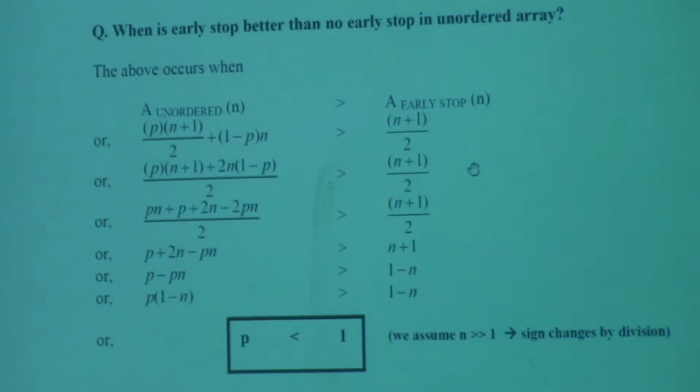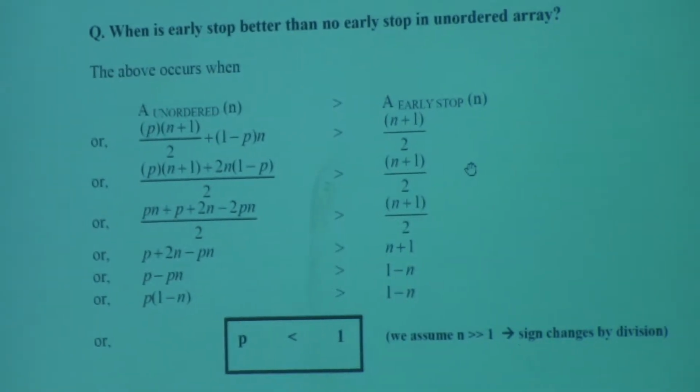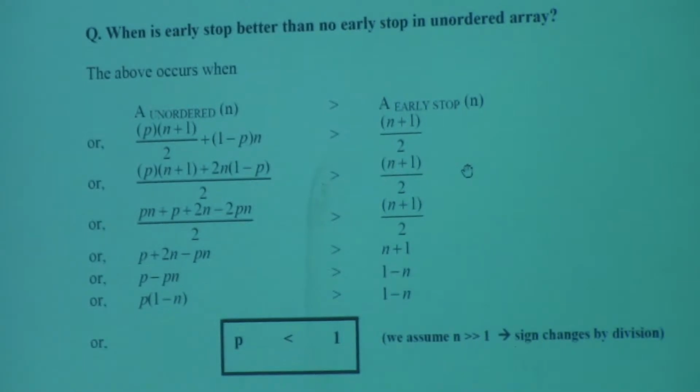And the answer would be that the first algorithm is better whenever p is greater than 1. Well, when is probability greater than 1? Never. So therefore the answer would be that this algorithm on average is never better. Because p cannot be greater than 1.